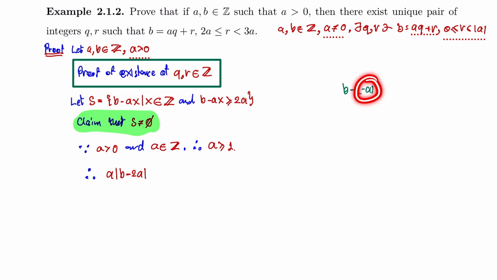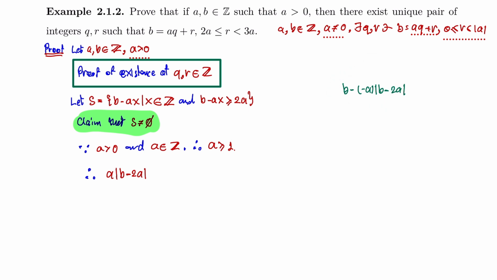This is the integer that we want to subtract: we subtract this minus a to here, and multiply by the absolute value of b minus 2a. We want to use this one.